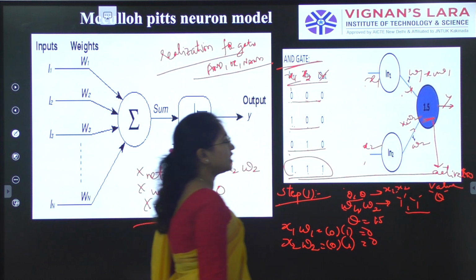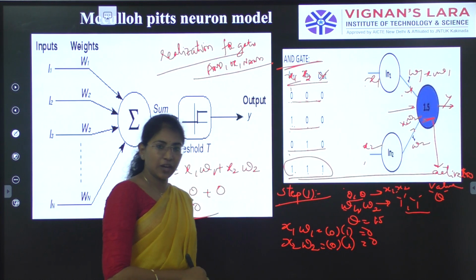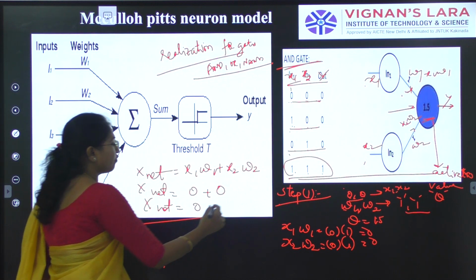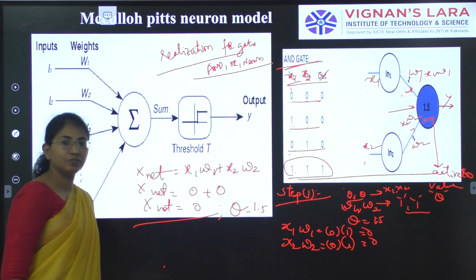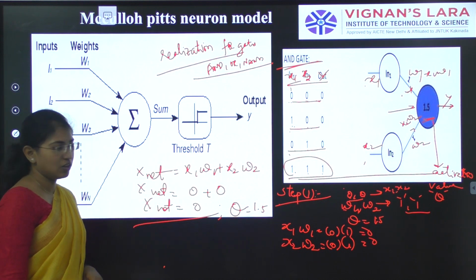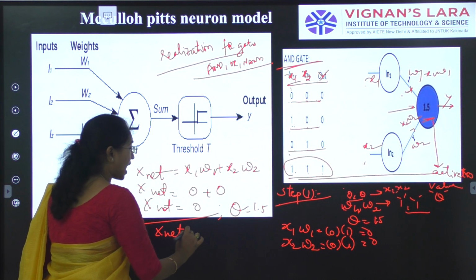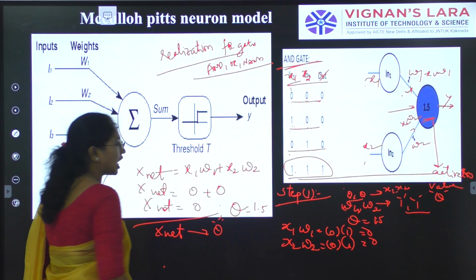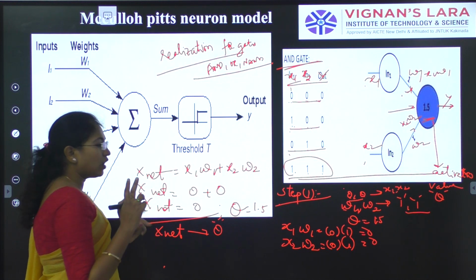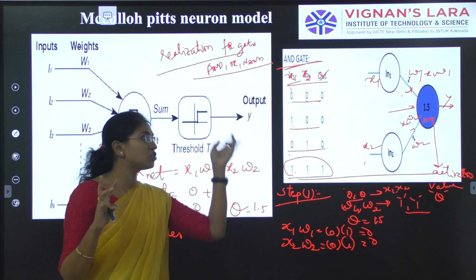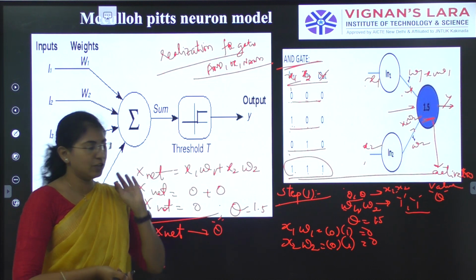Now this Xnet is passed through the activation function, where the activation value is 1.5, as we have considered. So now this Xnet has to be compared with theta. Here, as it is a step activation function, we will generate two types of outputs from this neuron: either we can get 1 or we can get 0.